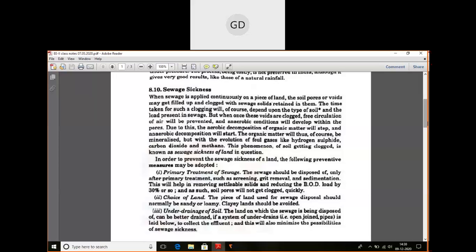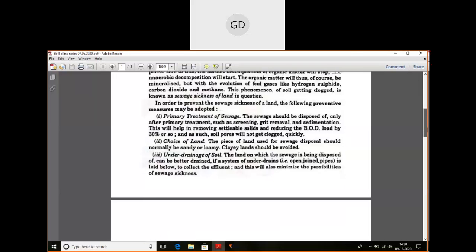The land on which you are thinking of disposing the sewage can be drained better if a system of under drains, like pipes and all, is laid below to collect the effluent, and this will also minimize the possibilities of sewage sickness.